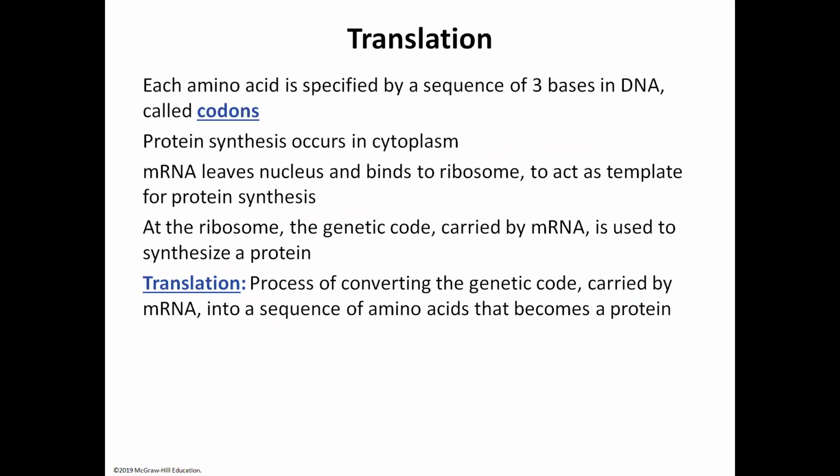And so when we start talking about this idea of our amino acid sequence, remember that each amino acid is specified by a particular sequence of 3 bases. So if you had TTA, this is called a codon.